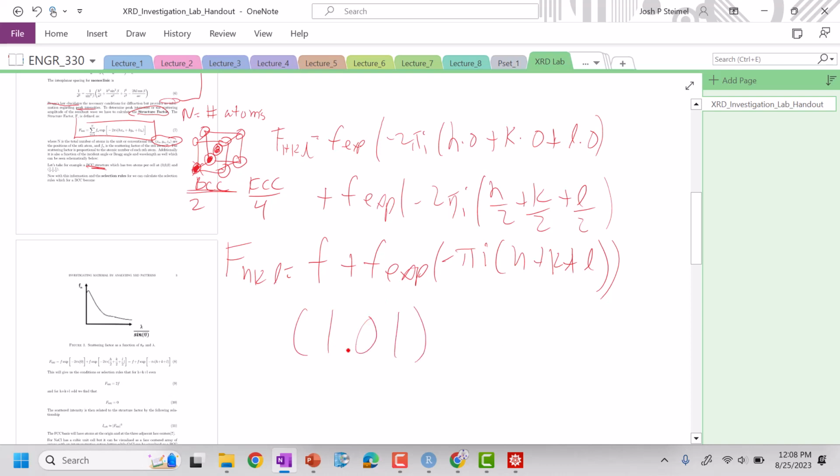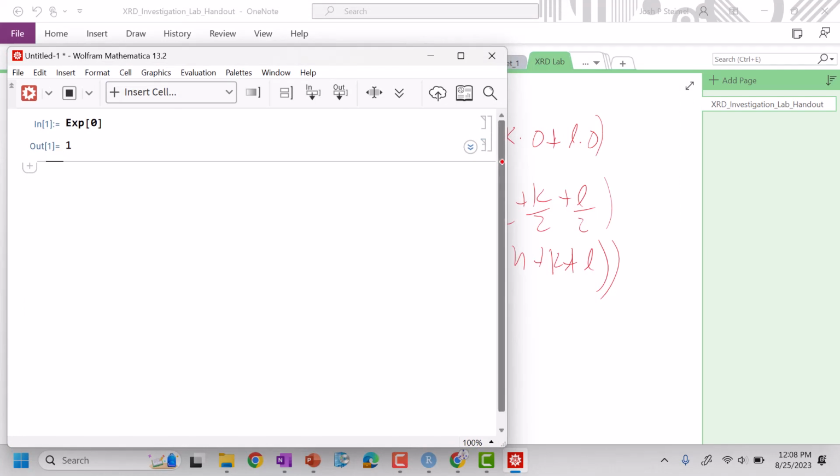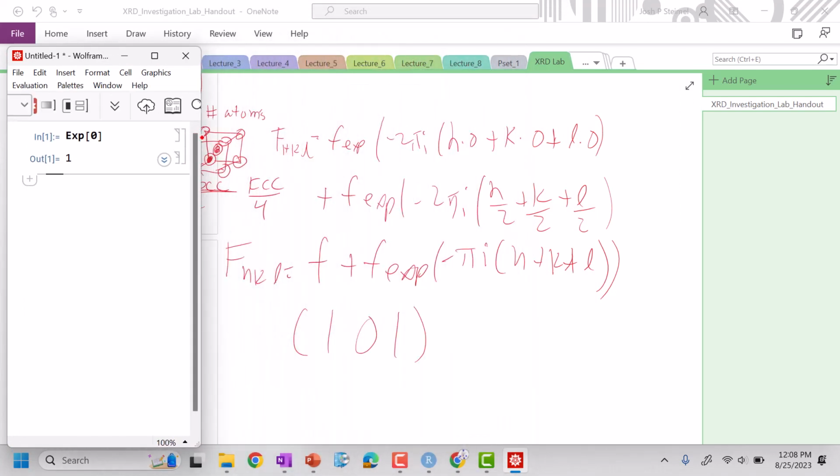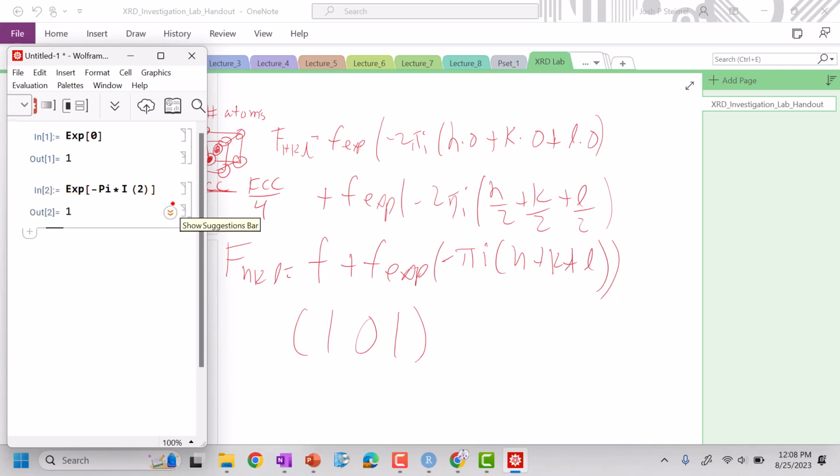If I plug those values in for h, k, and L, that's going to leave me with exponential of minus pi times I, and then h plus k plus L of 1, 0, 1 is going to be 2. So that gives me 1. That works, right? Because they add, they're not going to cancel each other out. So this is going to be allowed.